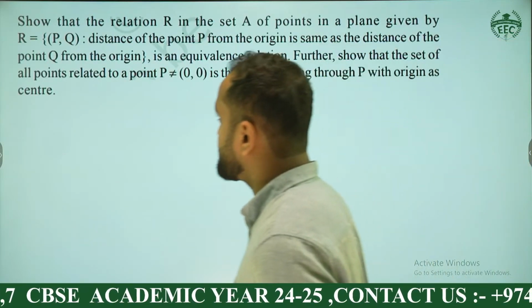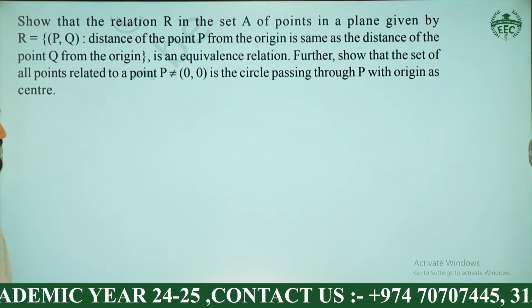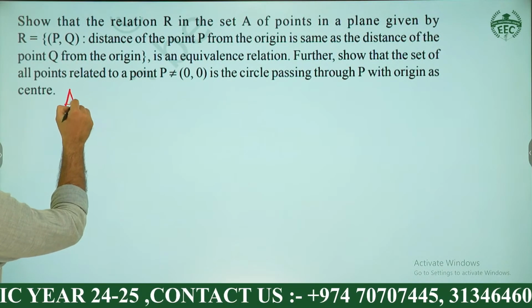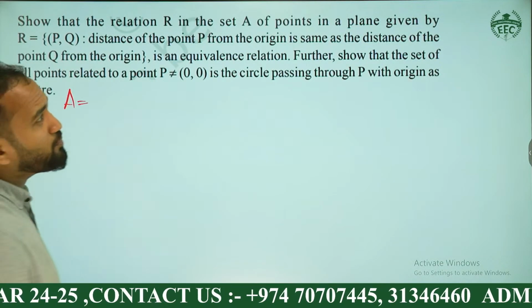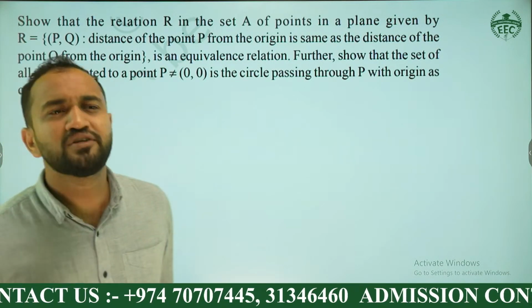Now, next question. Show that the relation R that is defined on set A. Here, I'll tell you what set A is. Set A is the set of all points in a plane. How to represent a point in a plane?